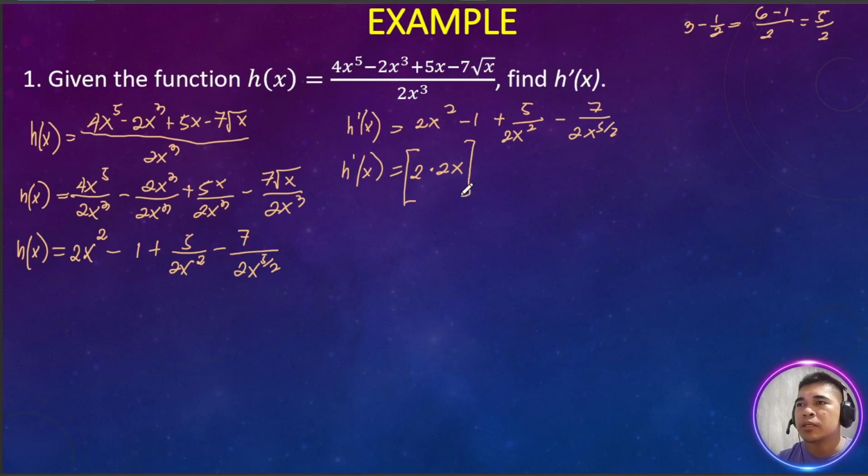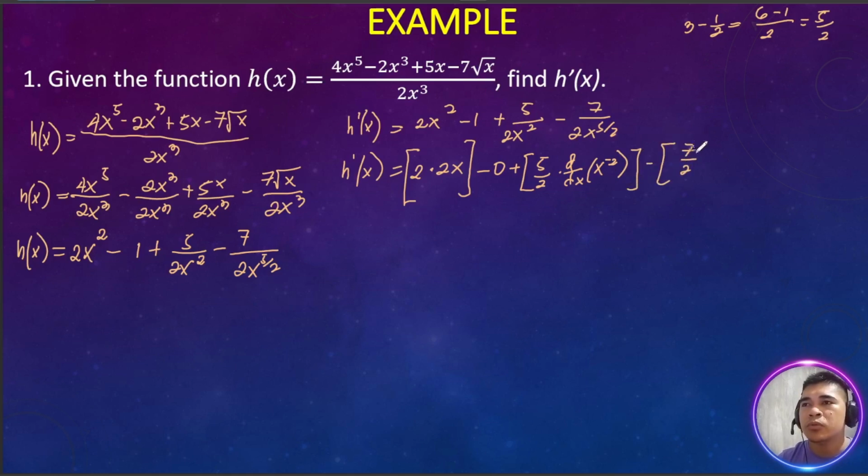So then natin ibutang. Minus derivative of 1, constant siya 0. Plus, here we get 5 over 2 times, positive siya sa ubos, so para ma-negative siya, d over dx of x to the power of negative 2. Minus 7 over 2 times d over dx of x to the power of negative 5 over 2.